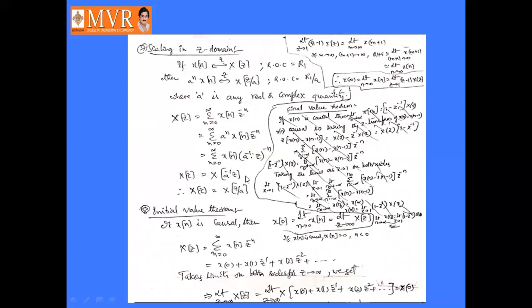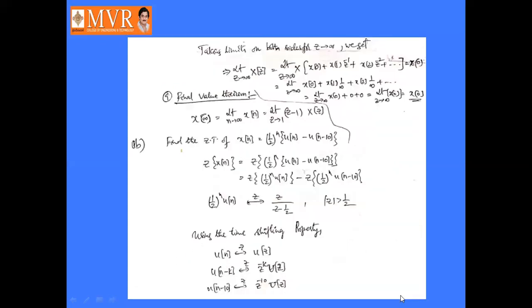And coming to the initial value theorem, x of 0 is equal to limit n tends to 0 of x of n, which is equal to limit z tends to infinity of x of z. Okay, so x of z equals sigma n equal to 0 to infinity x of n into z power minus n. So by expanding this, x of 0 plus x of 1 into z power minus 1 plus x of 2 into z power minus 2 and so on.